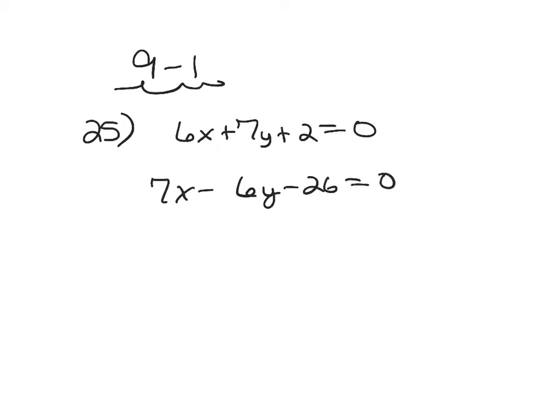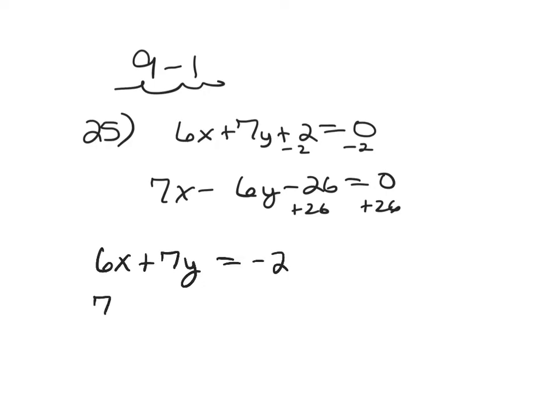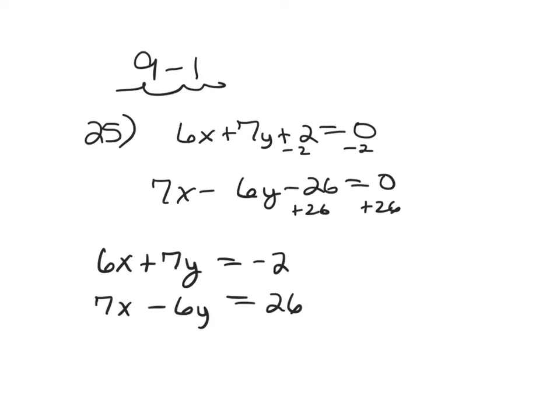The first thing I'm going to do is put it into standard form. So for the first one, I'm going to move the 2 over. And for this one, I'm going to add the 26. So for the first one, I get 6x plus 7y equals negative 2. And then over here, 7x minus 6y equals 26.